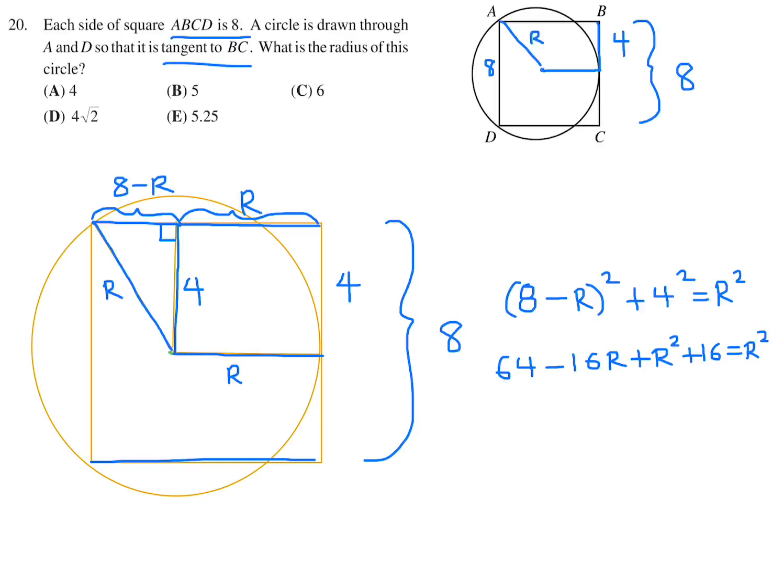The r squareds cancel. So 64 and 16 is 80. Put the 16r over to the other side. And therefore r is equal to 80 over 16. And r is equal to 5. So the answer here is B.